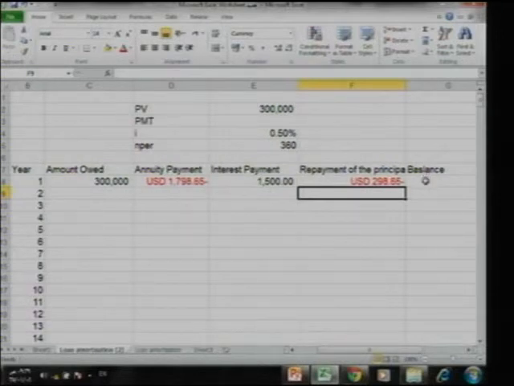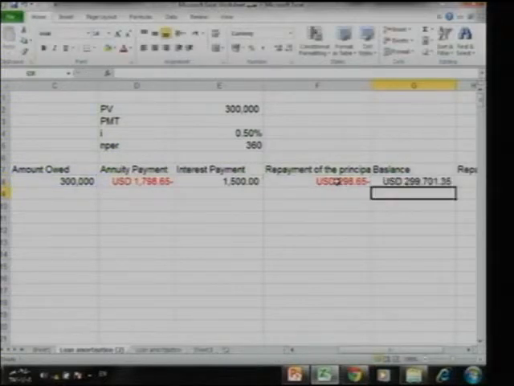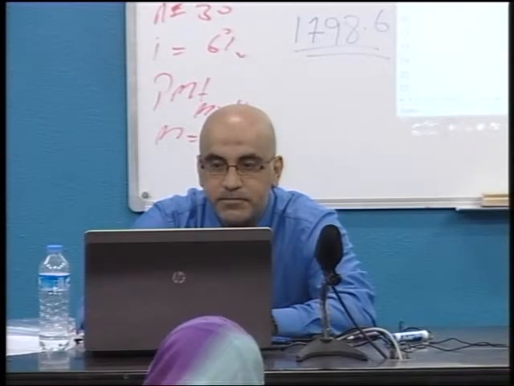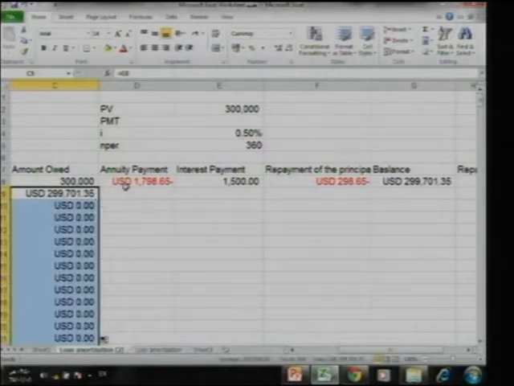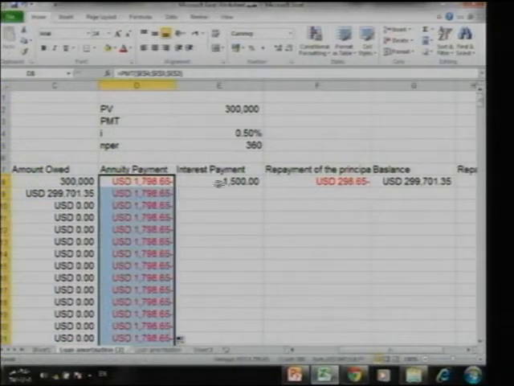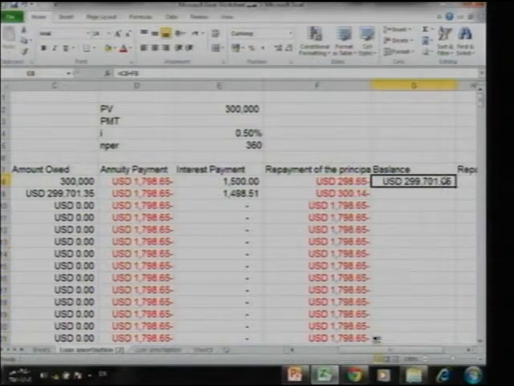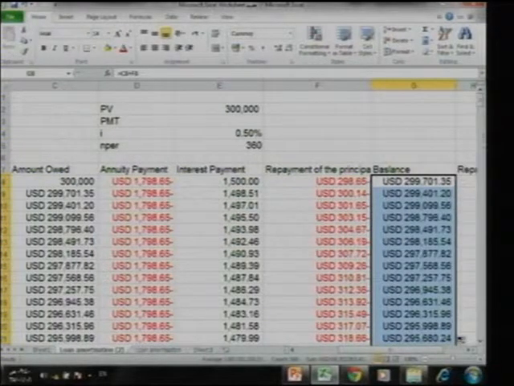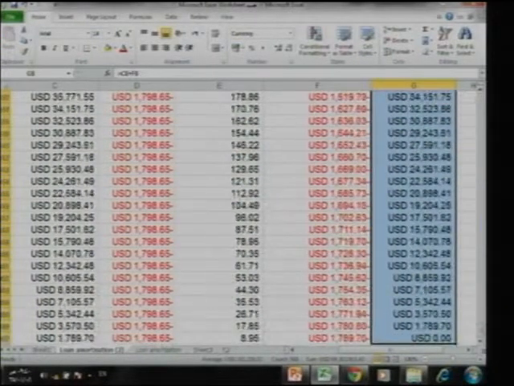Now the balance is equal the $300,000 plus the repayment. Okay? Now this balance is coming from here. Okay? And you just do this and do this and do this and do this and do this. Okay? And I said the last one must be 0.